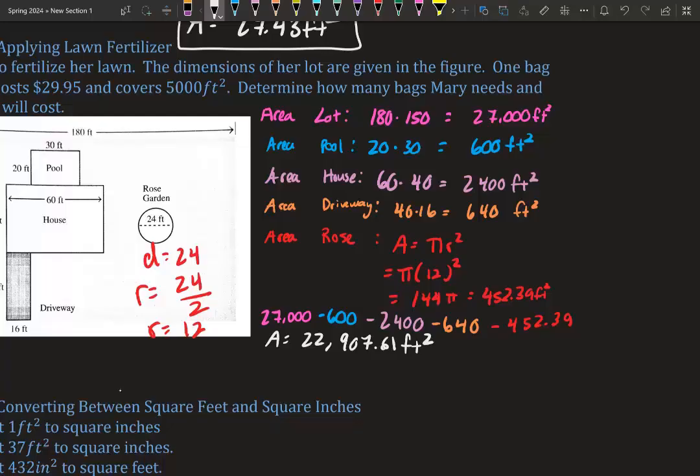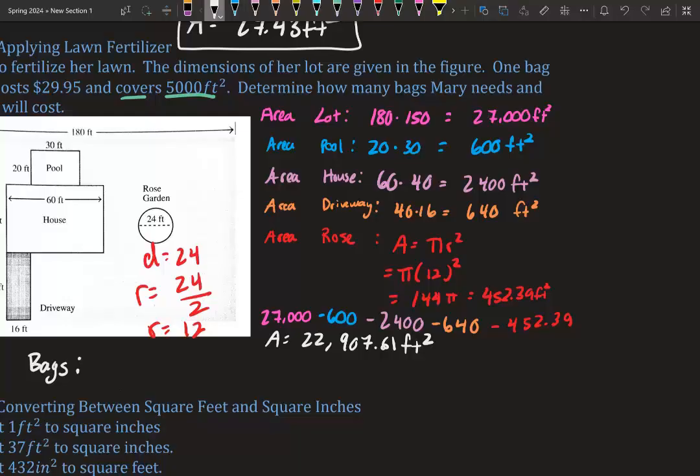Now that we have how much we have, we need to figure out how many bags we need of this. So it told us that each bag holds 5,000 square feet. So it's always what you have over what is needed.